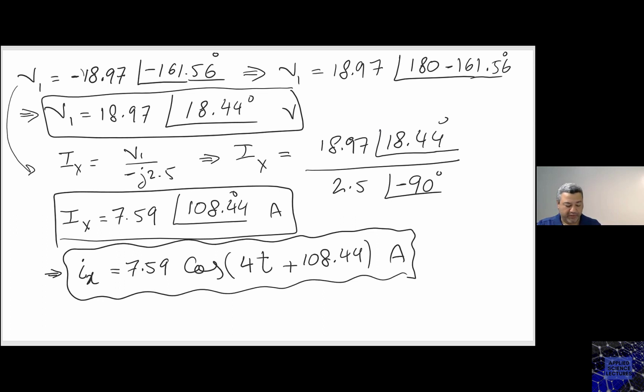This is the time domain expression for the current Ix. Any question about how we got the current Ix? Any question?